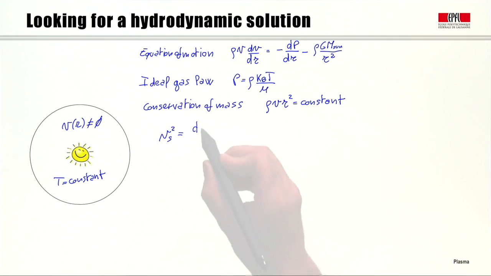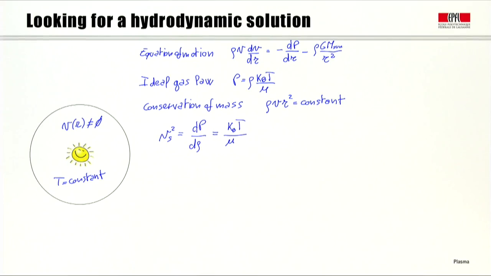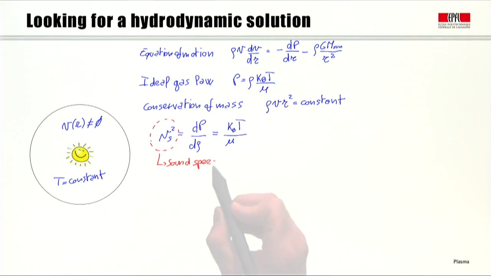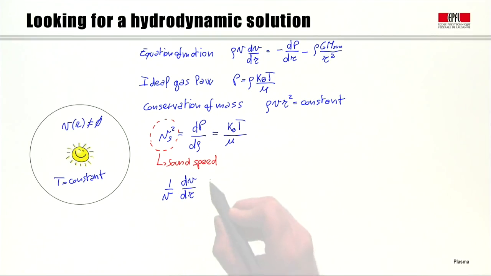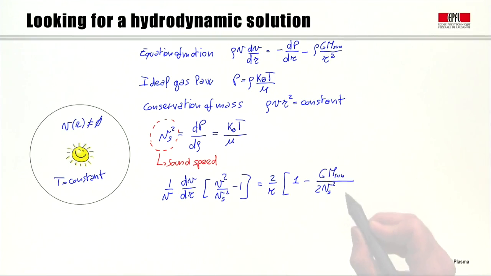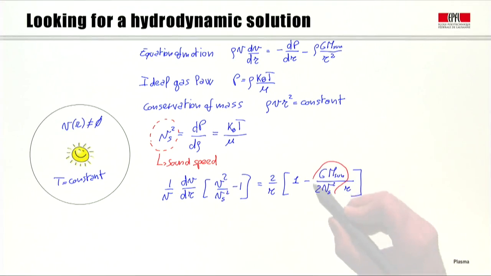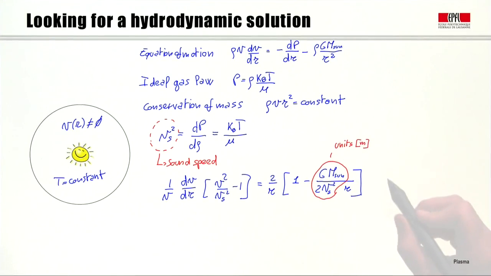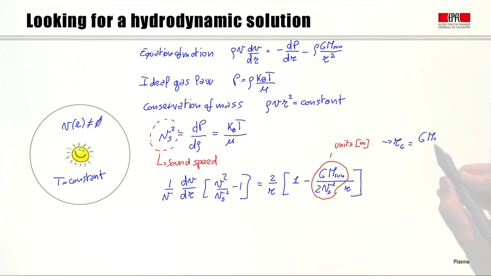We have to remember that for an isothermal gas, we can define the sound speed as the derivative of the pressure with respect to the density. Using these expressions and plugging them back into the equation of motion, we note that this factor has the units of meters, and therefore we can define a critical radius RC equal to the gravitational constant times the mass of the Sun divided by 2 times the sound speed squared.